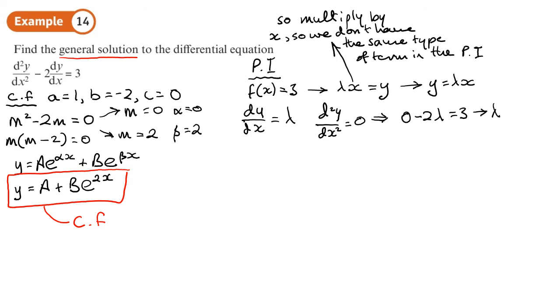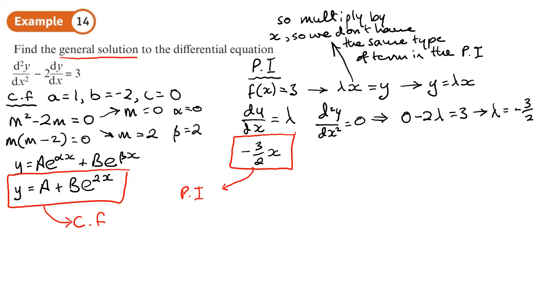Which means lambda is going to be -3 over 2. So we've got our value of lambda. So that gives our particular integral: we've now worked out lambda as -3 over 2, so it's -3 over 2x. So I'll just highlight that. That's our particular integral.